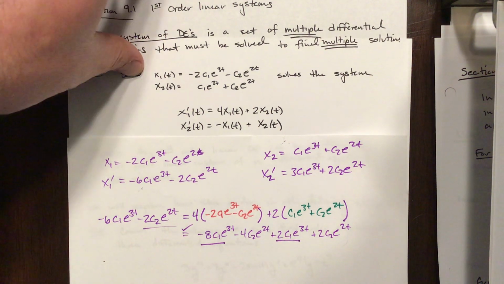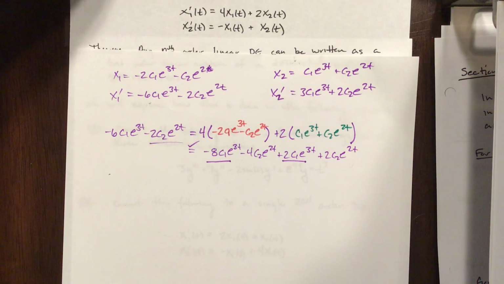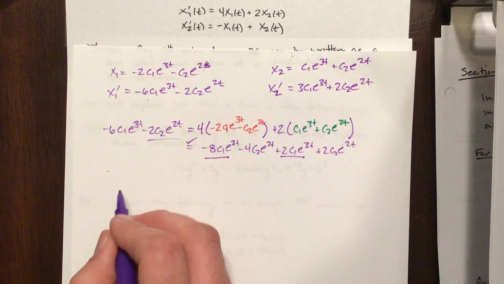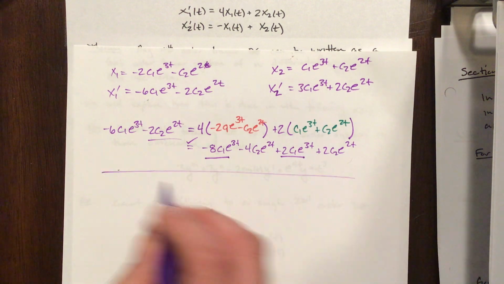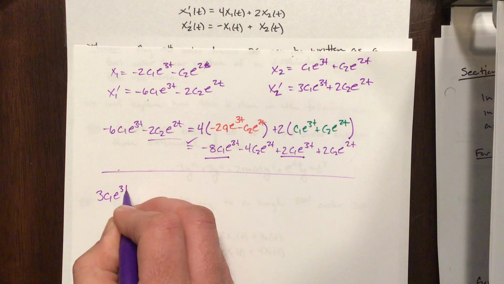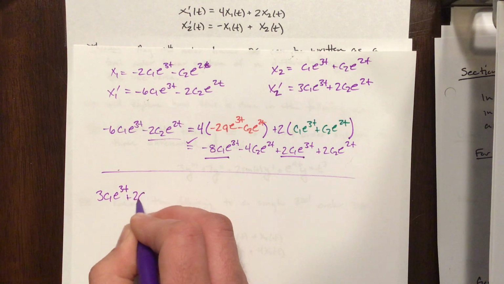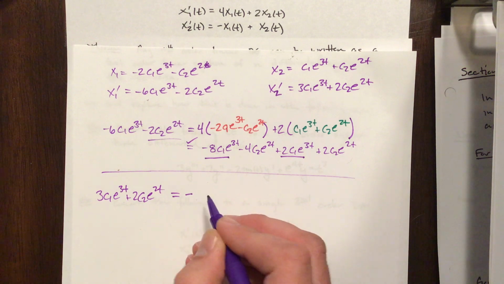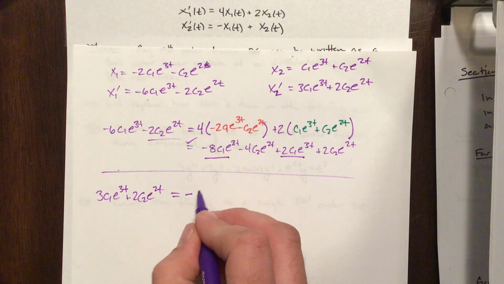So we're halfway home. But we have to show that x2 prime is equal to, so x2 prime, that's 3c1 e to the 3t plus 2c2 e to the 2t equals negative, okay, what's negative x1?